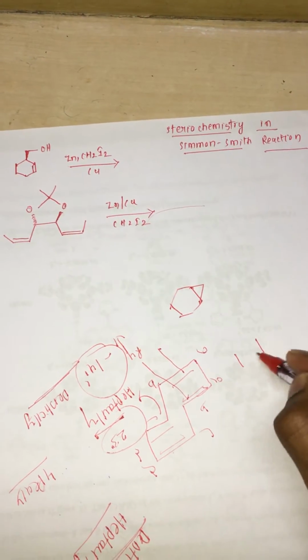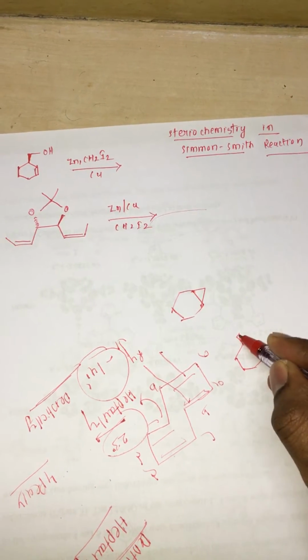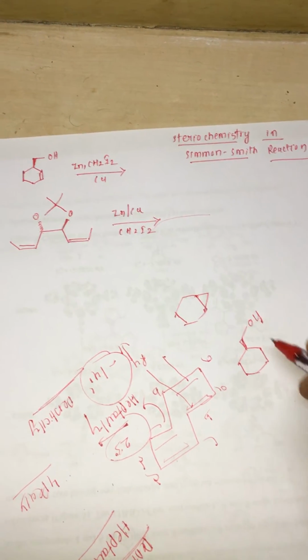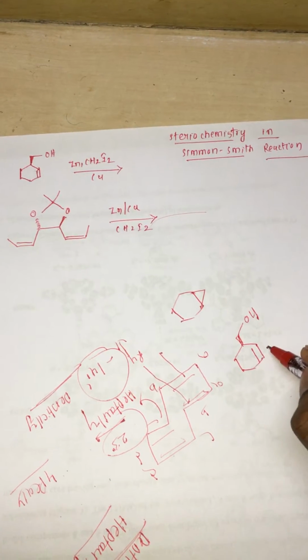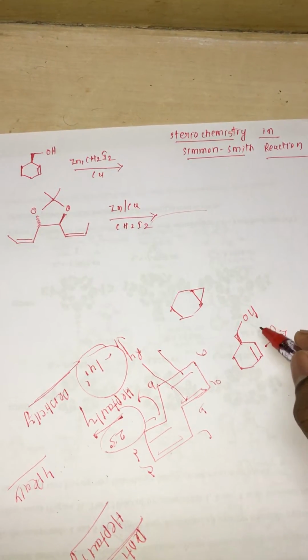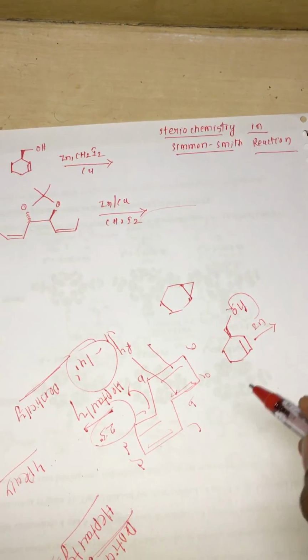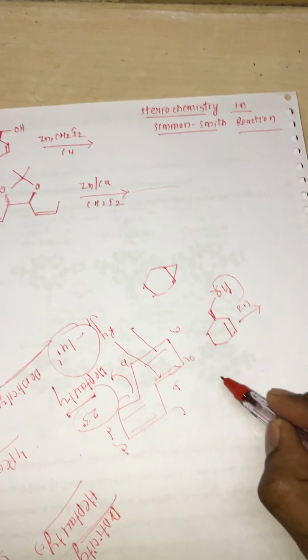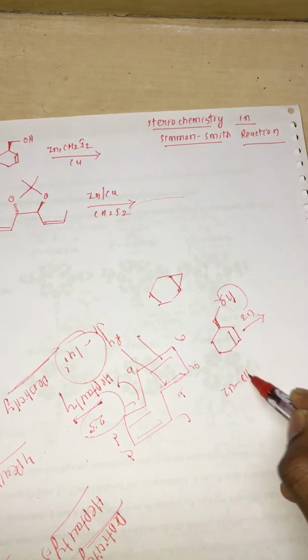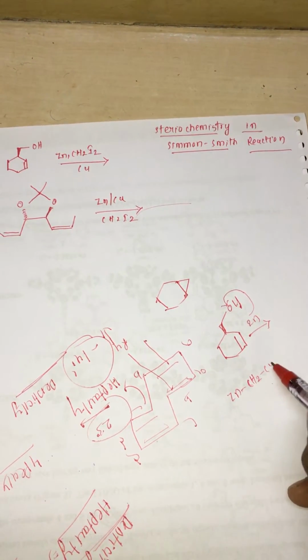When you have a polar group which has a lone pair, like this, zinc goes and coordinates to the lone pairs present on the polar group. As we know from the mechanism, first Zn CH2 with Cu forms the zinc carbenoid like this.